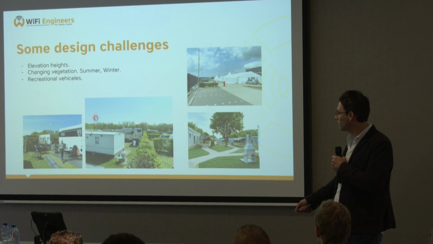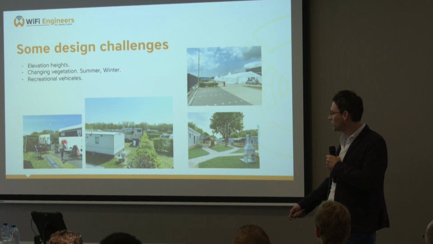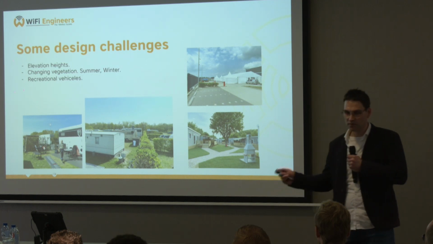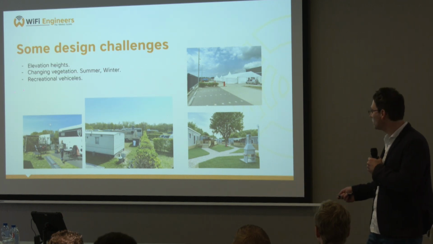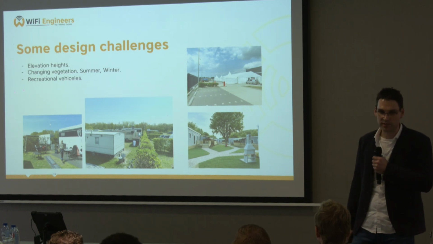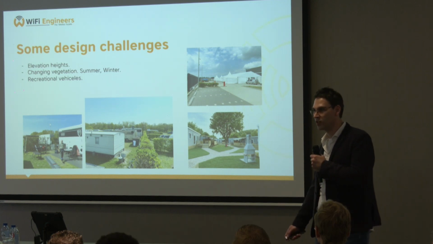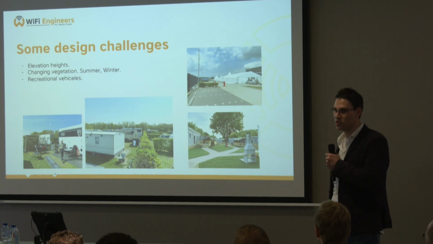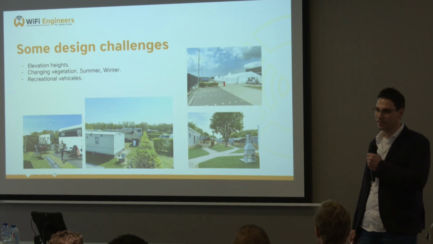As you can see here, there is a camper standing. We've got here an AP. Now if we take another look at the same image, as you can see here, here is our AP, here is our camper. This camper here is not your standard typical camper. This one is based on a truck. So if you're installing an AP which is not high enough, then you might have a reception issue there.